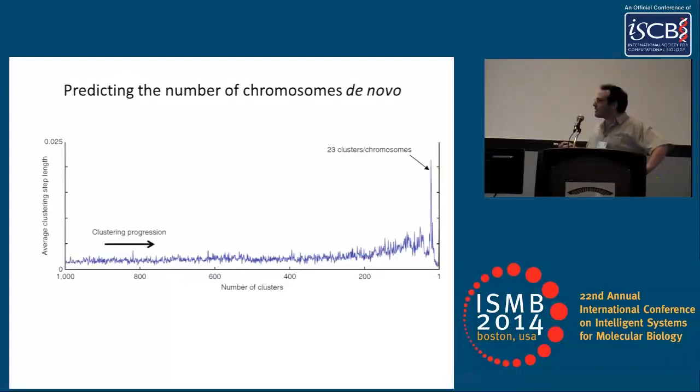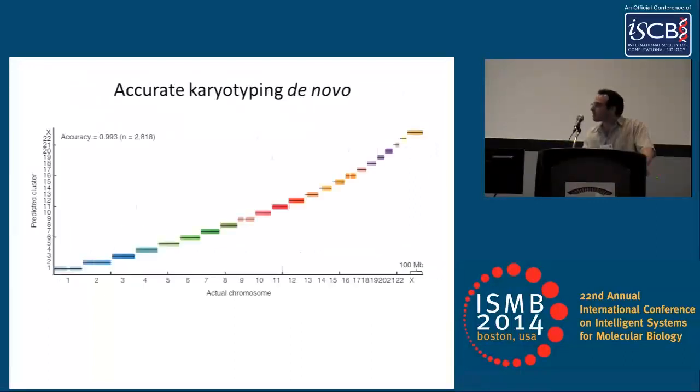You can look at intrinsic properties of the clustering. This is the clustering process as it progresses. If you look at some property, then you can actually find de novo the number of chromosomes. And you see that the clusters match the chromosomes very well. So again, it's very high accuracy here. That also works well, and it's very useful.